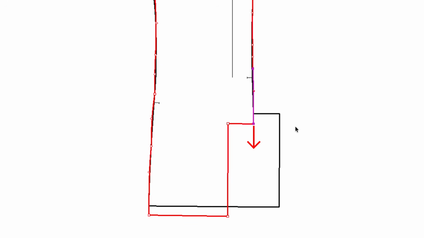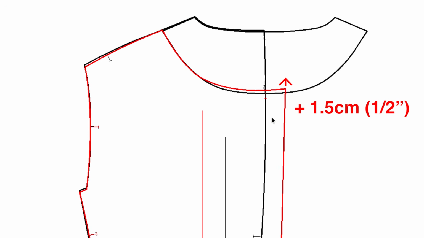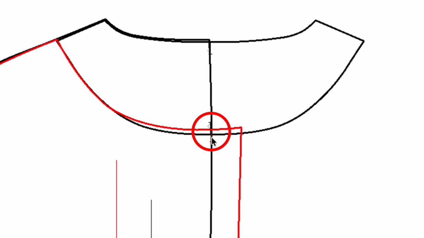Now center back is longer, but the side seam is also longer. But you have to keep the side seam length the same between self and lining, right? So you need to rotate the bottom of the lining so you can lengthen the center back seam, but maintain the side seam length. And I would raise here as well, so there's a little bit of overlap.